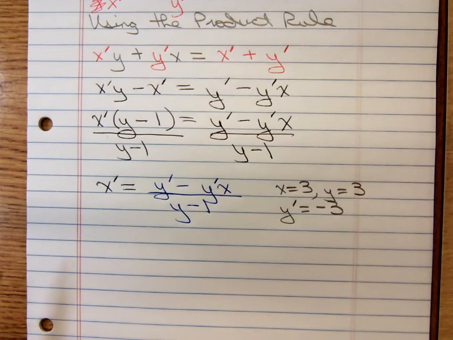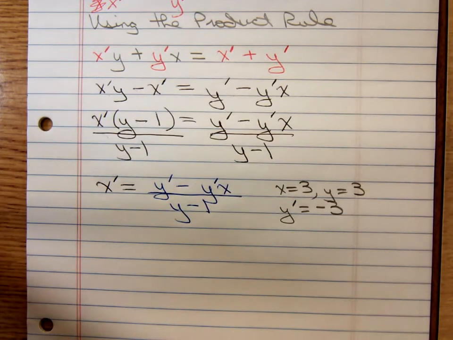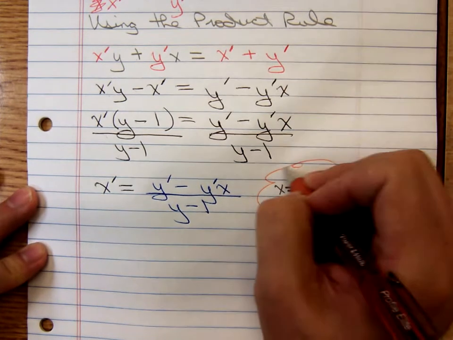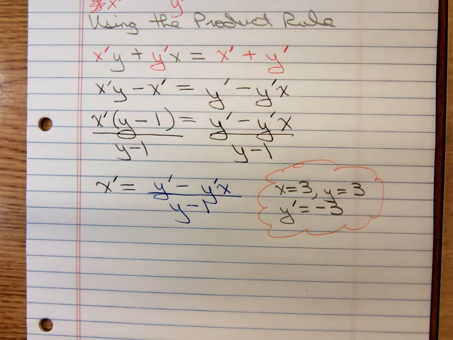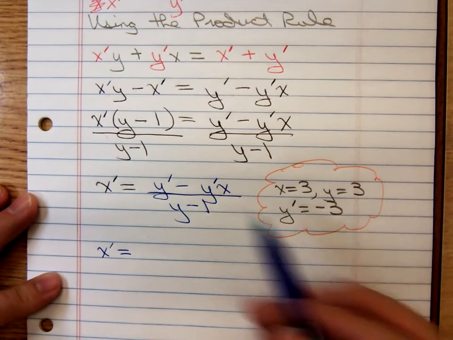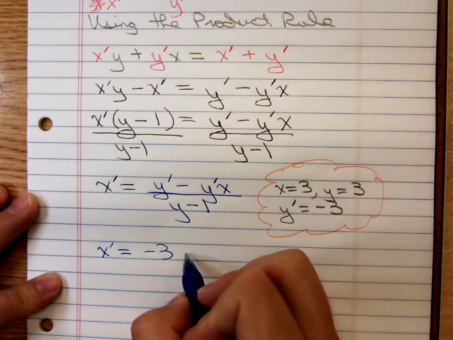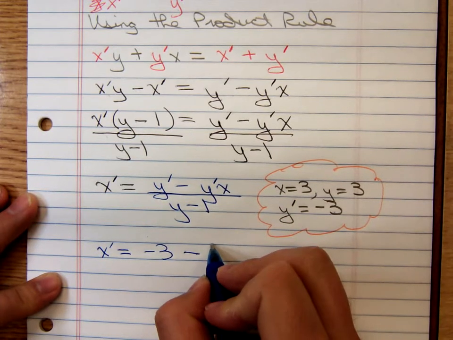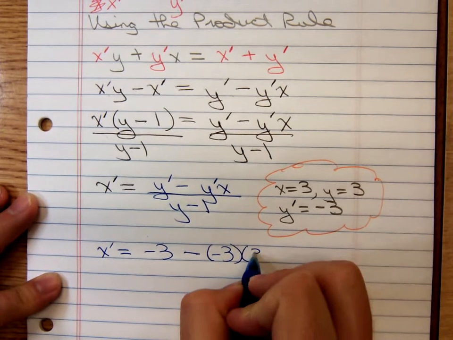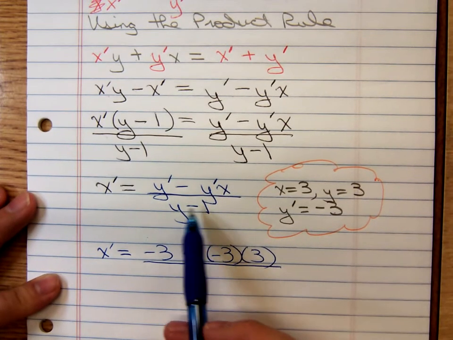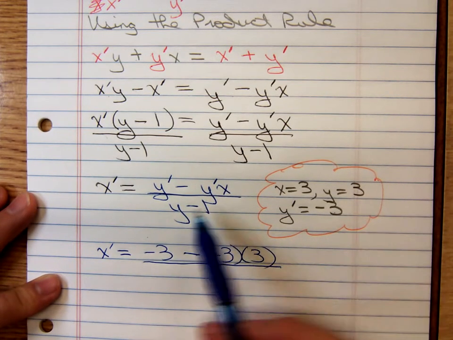Here are the numbers we're plugging in that were given to us in the problem. So we have x prime equals, y prime is negative 3 minus negative 3 times positive 3 all over y minus 1, 3 minus 1.